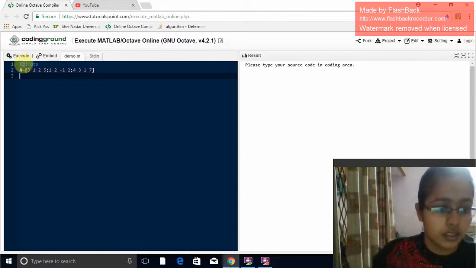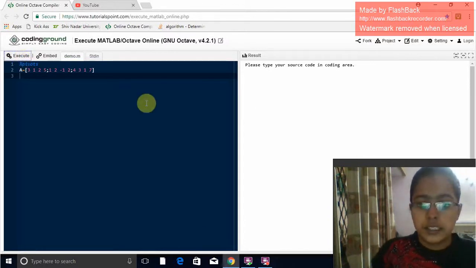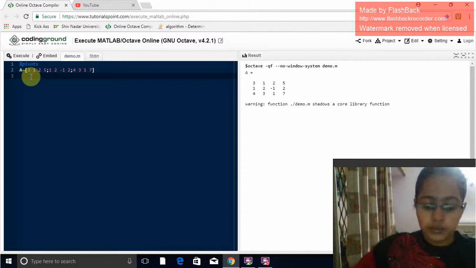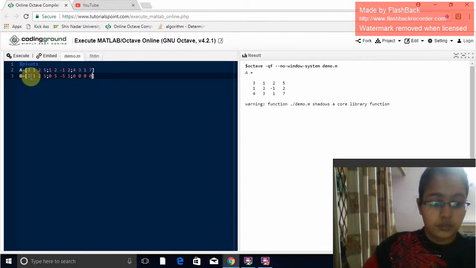This is our matrix A, and let's denote our row-reduced matrix with B. Our row-reduced matrix was 3, 1, 2, 5; 0, 5, minus 5, 1; 0, 0, 0, 0.